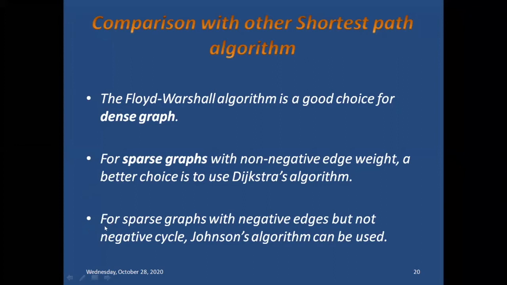And next, for sparse graphs with negative edges but not negative cycles, Johnson's algorithm can be used, with the same asymptotic running time as the repeated Dijkstra approach.